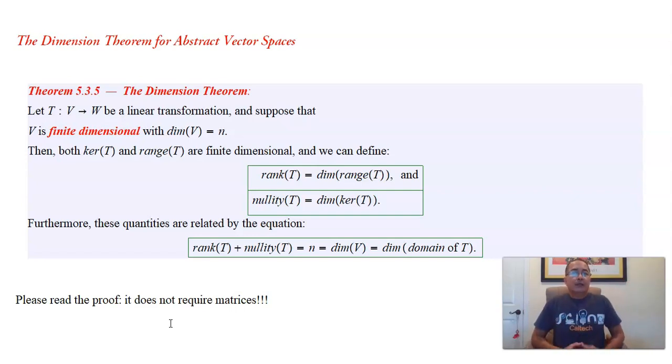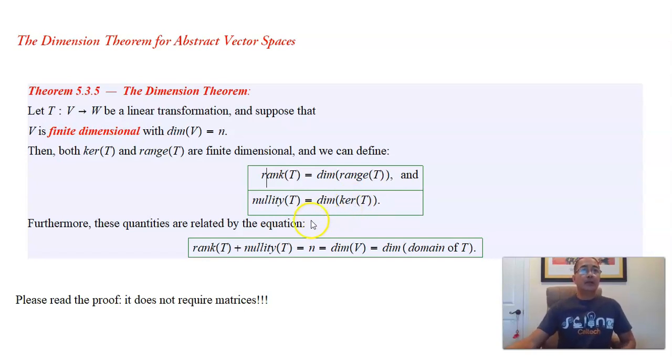Similarly, for a linear transformation on abstract vector spaces, we have a dimension theorem in the case where the domain V is finite dimensional, if the dimension is n.